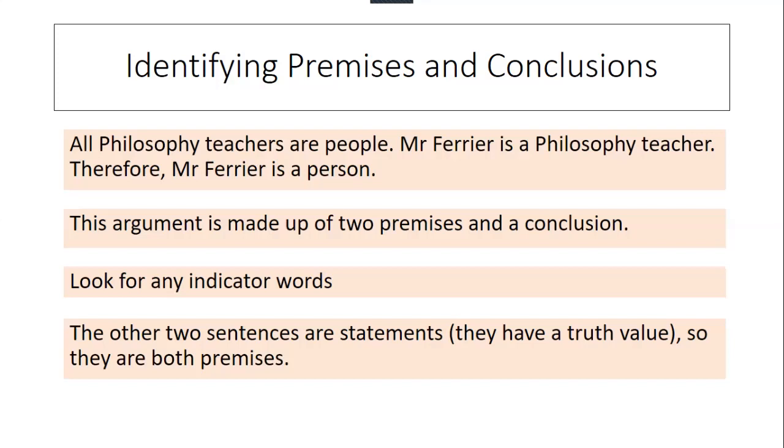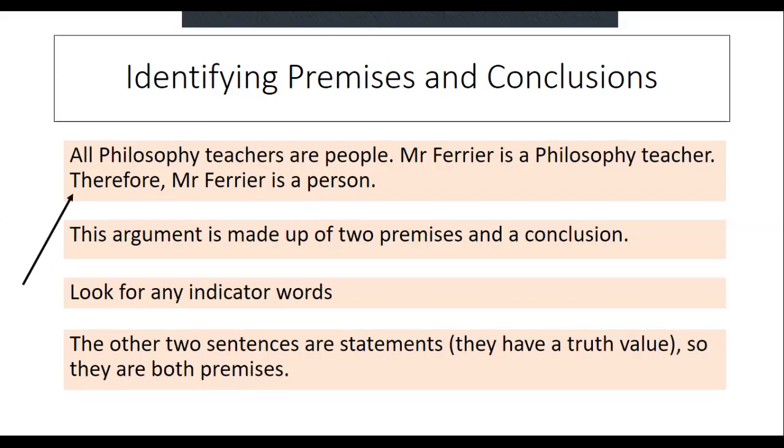You can find here, therefore. This word indicates a conclusion. So this is the point that's being argued for. There are three sentences in this argument. Two of them are statements, and the final one is a conclusion.